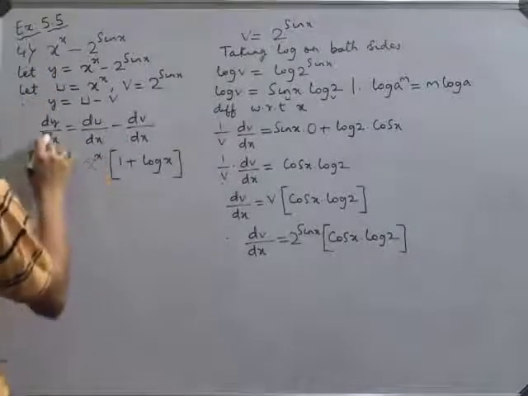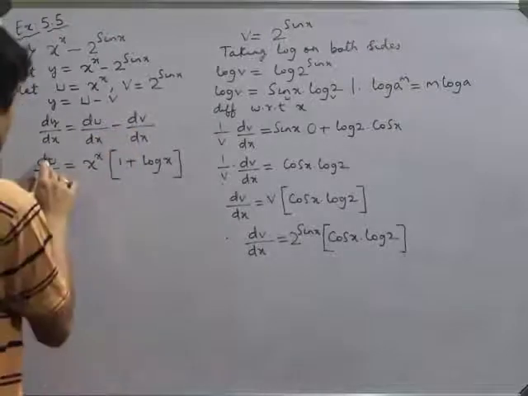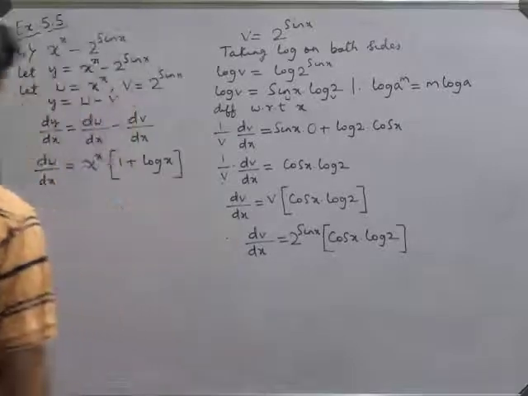What was required? dy by dx is du by dx minus dv by dx. Here I have written du by dx, we got the answer, and dv by dx.